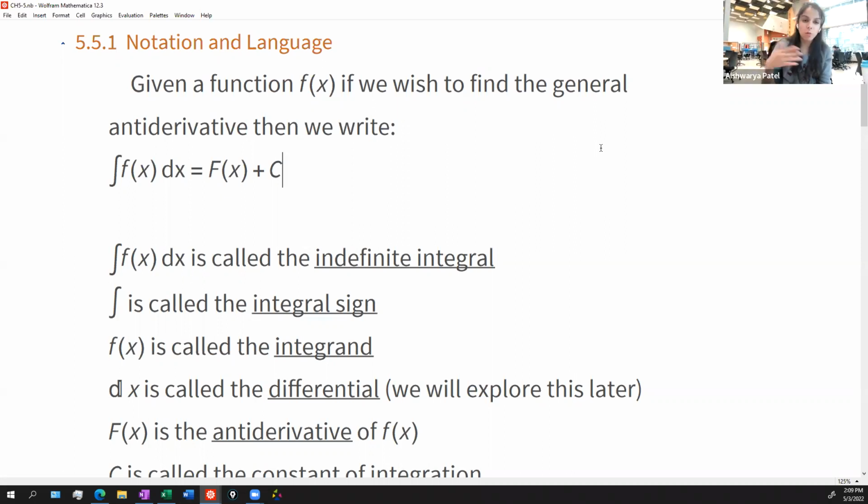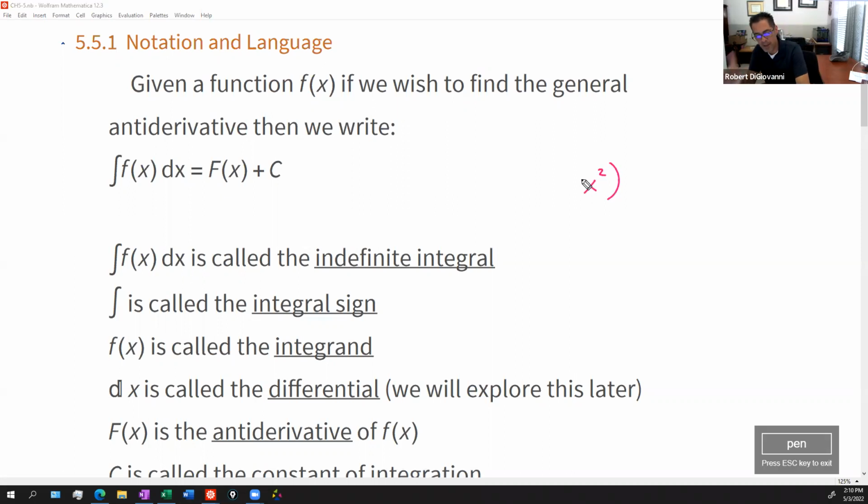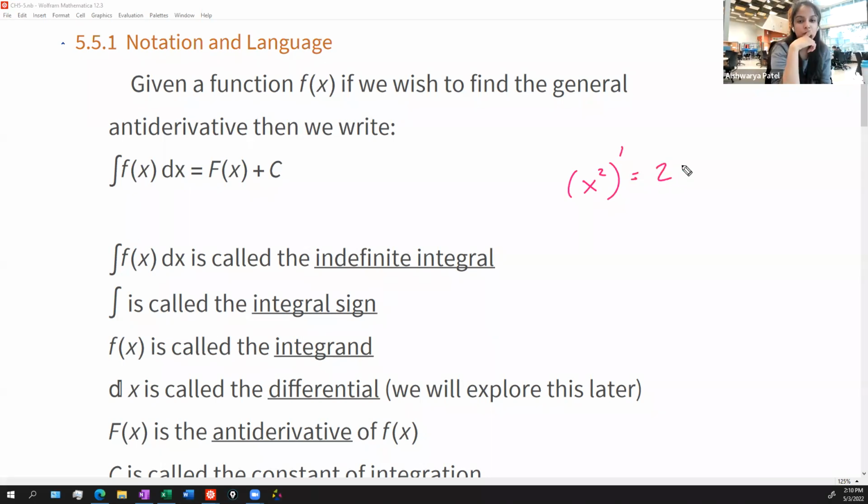Okay, so similar to how when we did dy over dt, we were differentiating with respect to t, and then you do chain rule. It is basically the dx is the chain rule. If I said, take the derivative of x squared with respect to x, you would just say 2x, right?